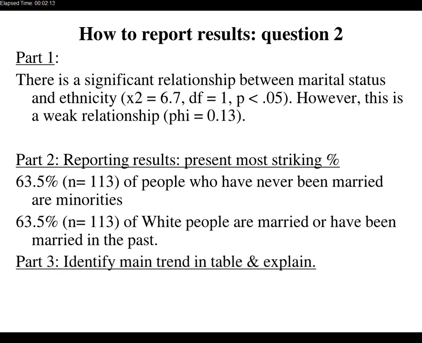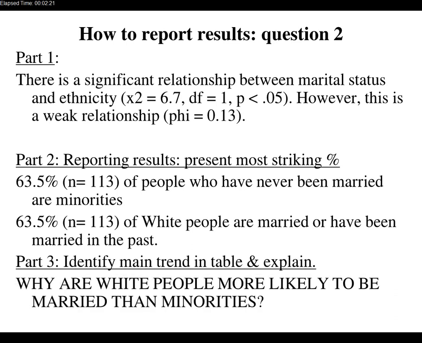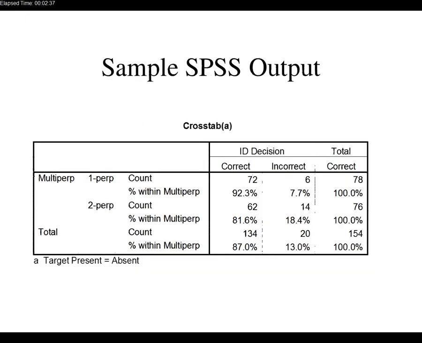And part 3, what we want to do is identify main trends in the table and explain. So, we would say, why are white people more likely to be married than certain minorities? So these are just samples on how to report chi-square from a sample question in the book.